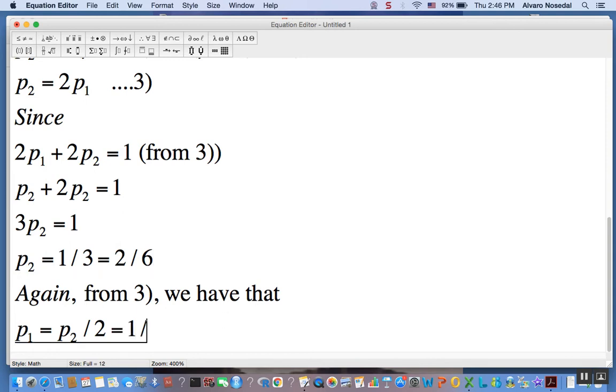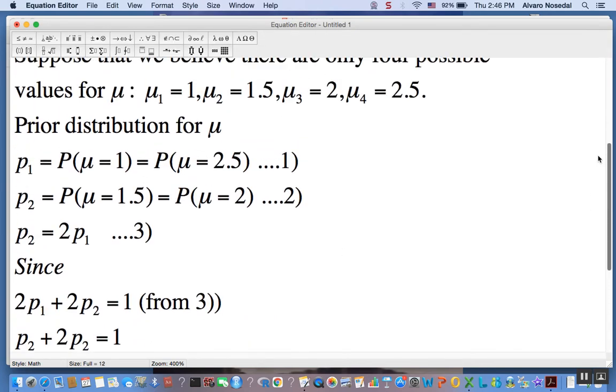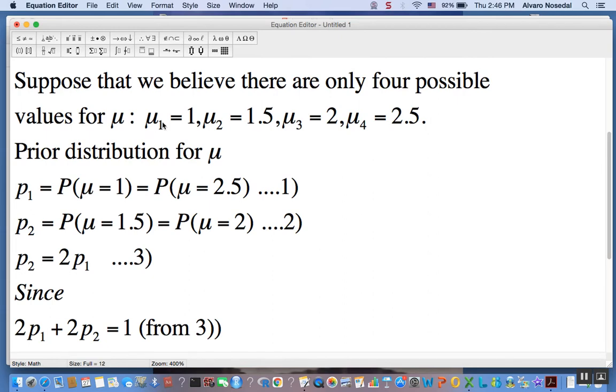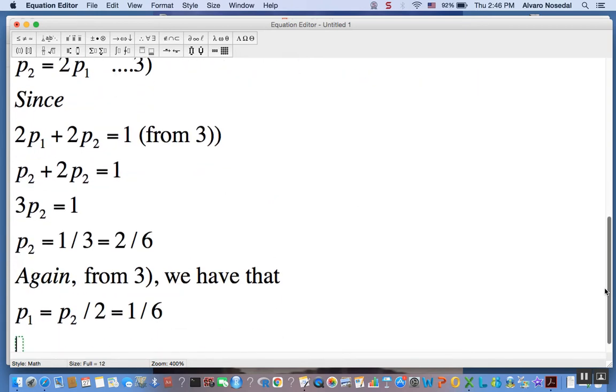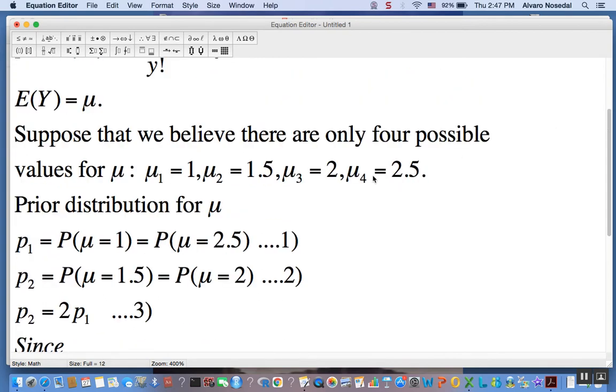So if we divide that by 2, that's 1 over 6. Make sense? And now what we have is that the probability of mu1, meaning that particular value 1, is 1 over 6, right? The probability of mu4, which is 2.4, is 1 over 6, and these guys are 2 over 6 and 2 over 6 for mu3, right? So we have a legit probability distribution.